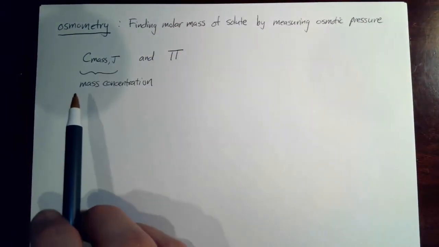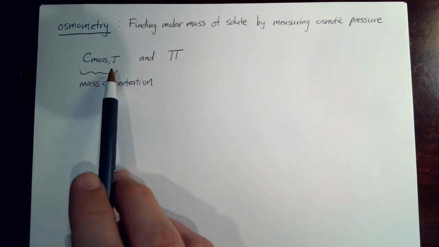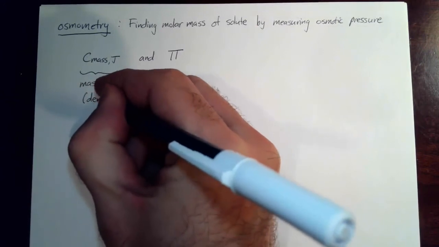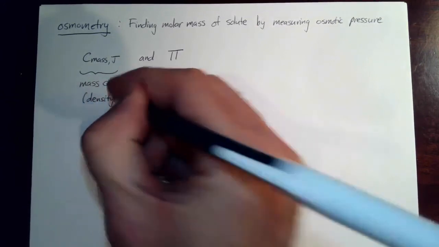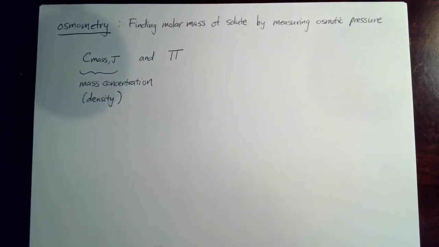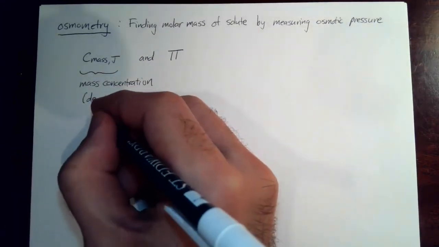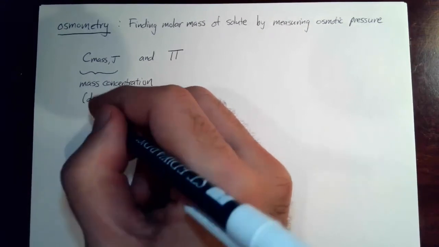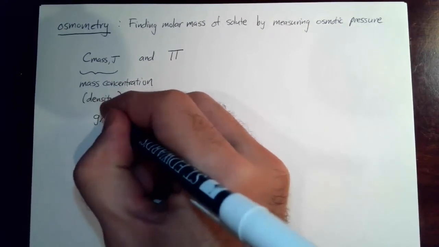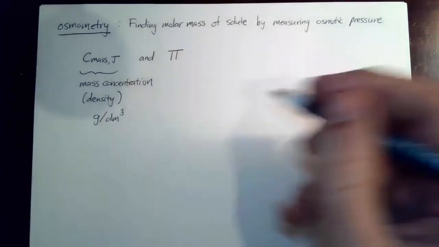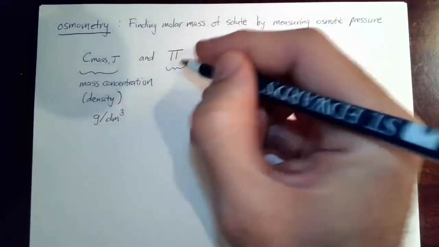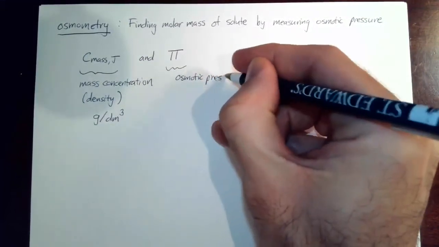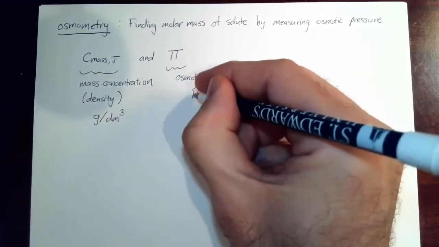C mass is the mass concentration of the solute, otherwise known as density. It's the mass of solute per volume of solution. Our data in the table is in grams per cubic decimeter, and pi, the osmotic pressure, is in units of pascals.